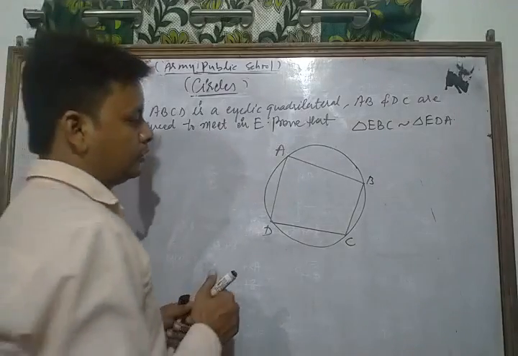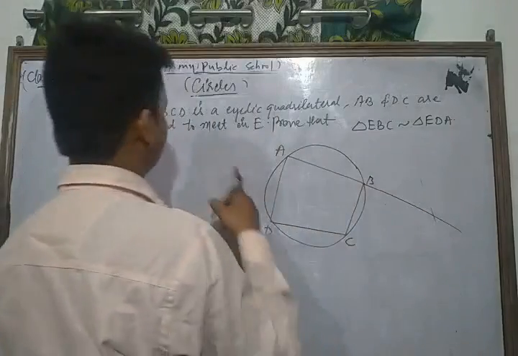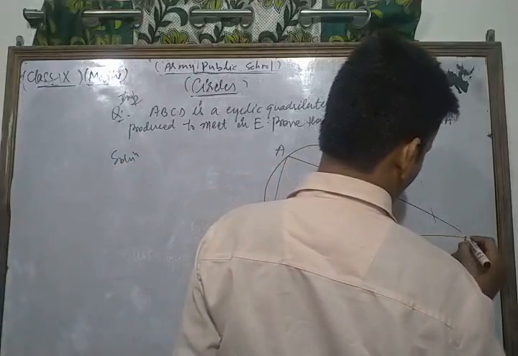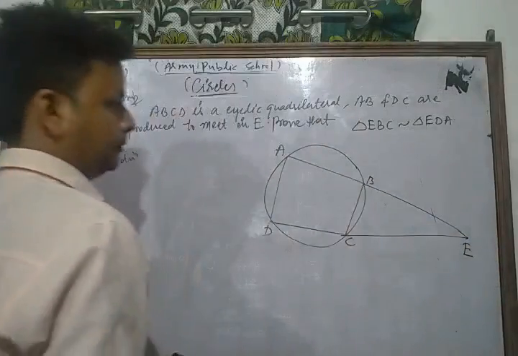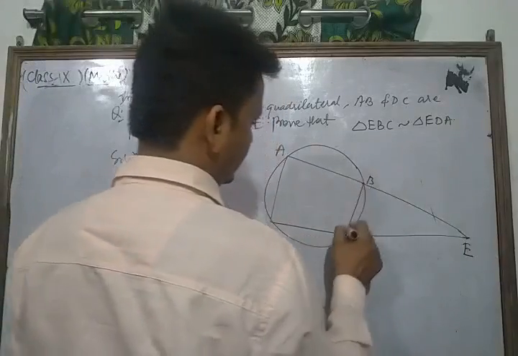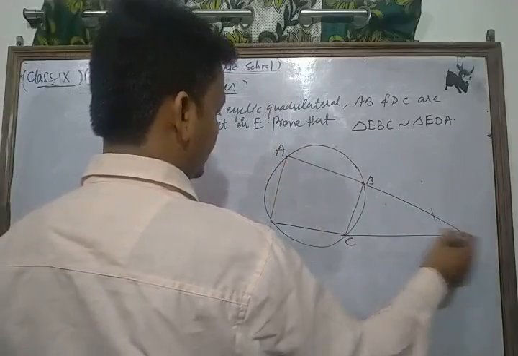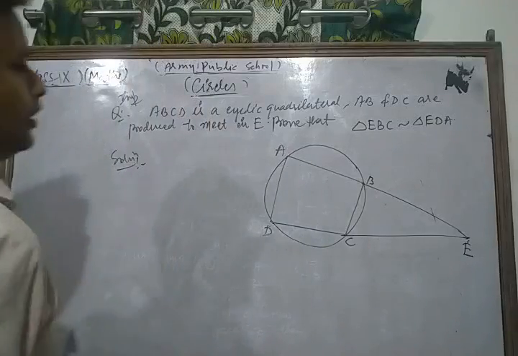So AB produced and CD produced intersect each other at point E. So suppose that these intersect at point E. We have to show that triangle EBC is similar to triangle EDA. Okay, now let's see its solution.